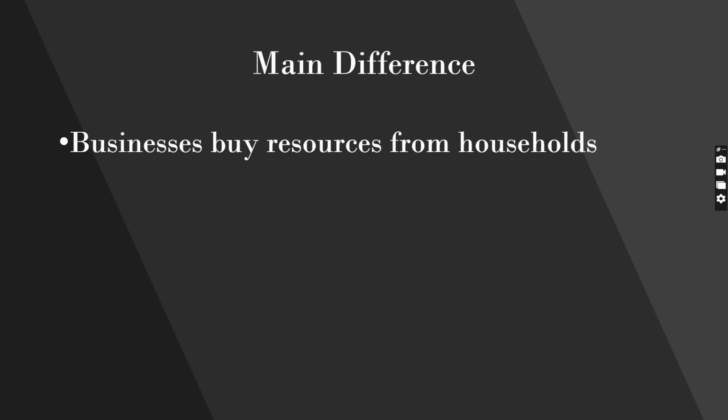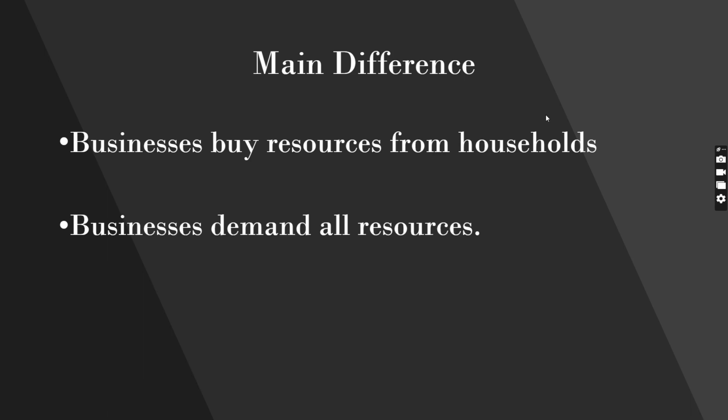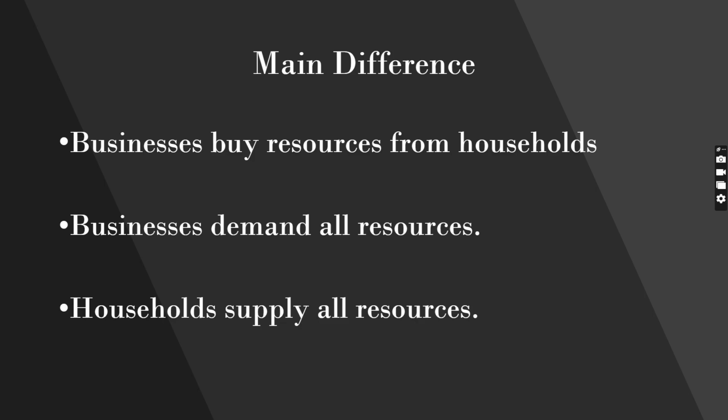And so in a product market, like in Unit 2, and all throughout the rest of the course, we've been talking about businesses supplying. But now businesses will actually be demanding all the resources because they're using the resources to produce goods and services, which then they will sell in the product market. And so in a free market economy, all factors of production, all inputs to production, all resources are owned by the households.